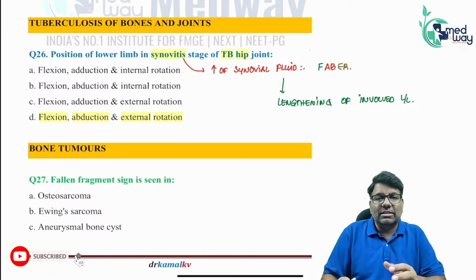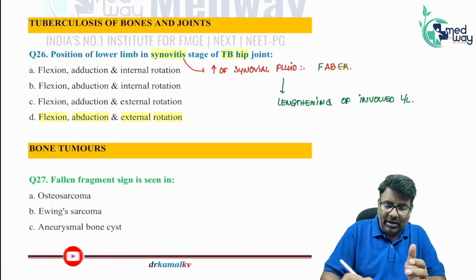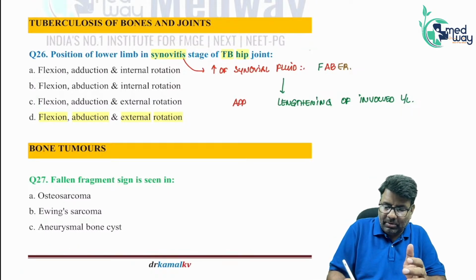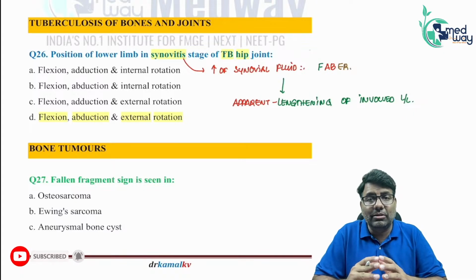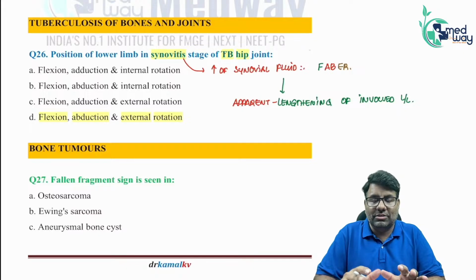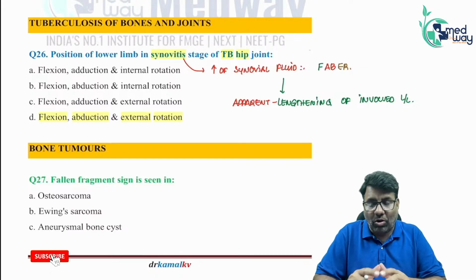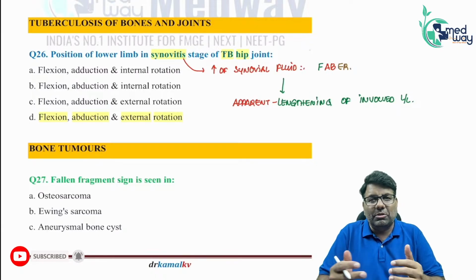So this is just a visual finding. We'll use the word apparent here, because from a distance it appears to us as if the lower limb is lengthened, but the actual measurement is the same as that of the other side. So there is no lengthening at all. It is just a perception looking at the patient from a distance.